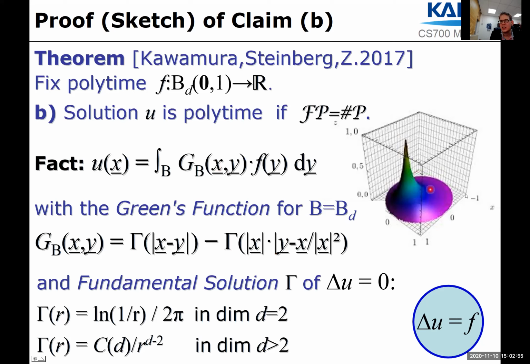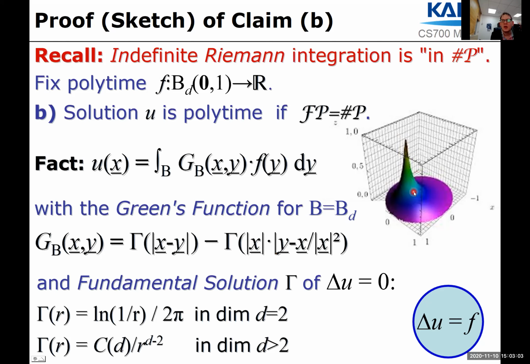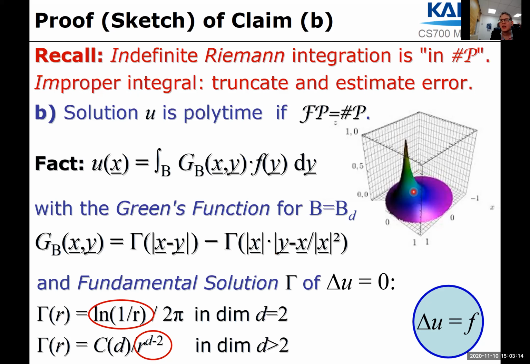Here you can see a picture of this singularity as the function tends to infinity when x is equal to y. So although we know that indefinite Riemann integration is in sharp P, this is not indefinite Riemann integration because of the singularity, it is an improper integral.